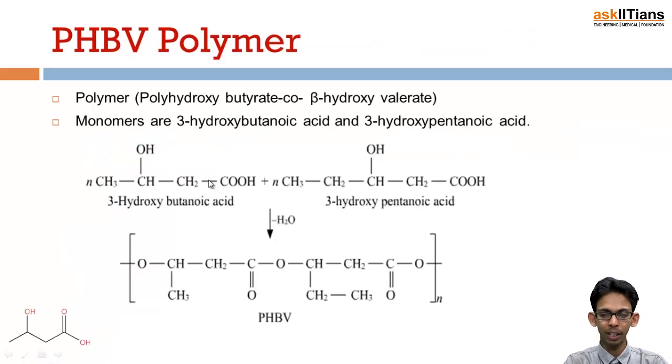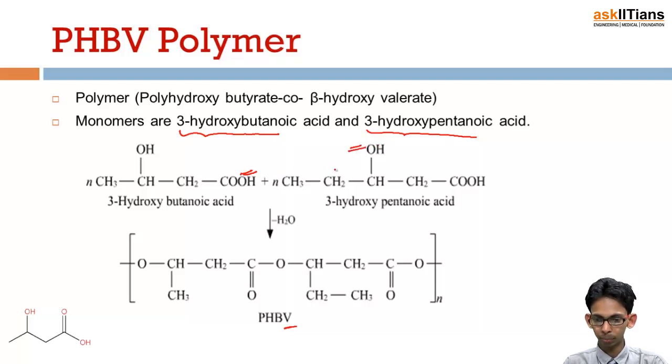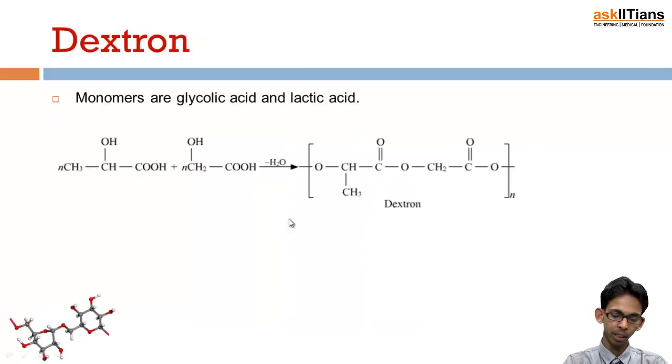These all are non-biodegradable. And if we talk about the biodegradable polymer PHBV, then it is formed by the monomers 3-hydroxybutanoic acid and 3-hydroxypentanoic acid. These come together, they undergo a condensation reaction with elimination of a water molecule and result in formation of PHBV. Actually, the reaction takes place between this hydroxyl group and this carboxylic acid group, resulting in the formation of the polymer PHBV, which is biodegradable.